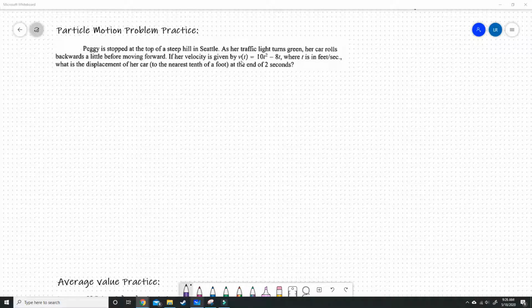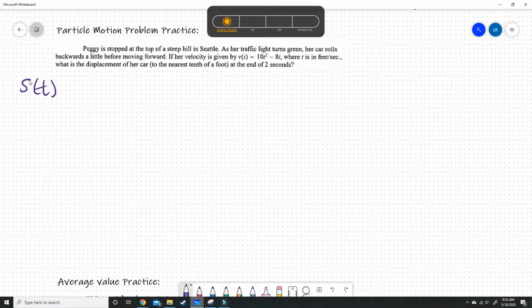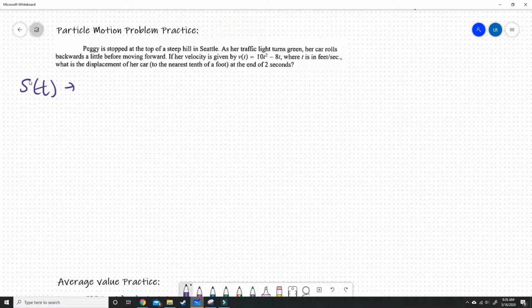And so before we actually get down to tackling this problem, let's think about particle motion problems. So particle motion problems, we know that S of t is our position function. That is where the particle is at.